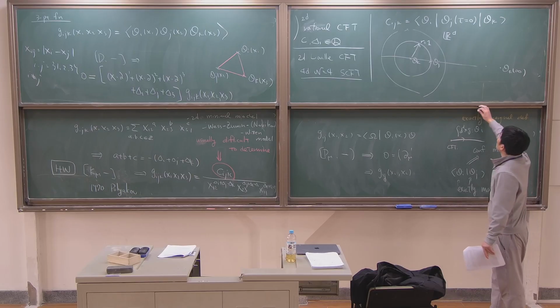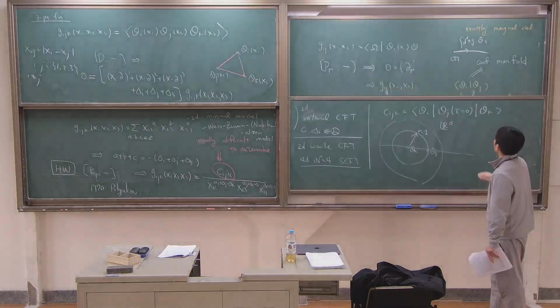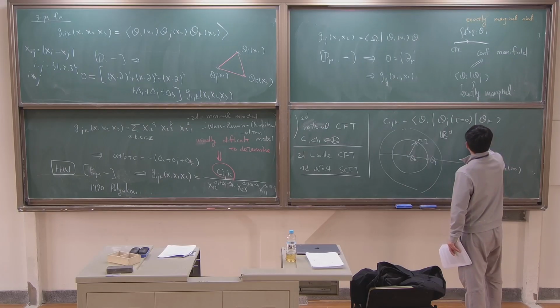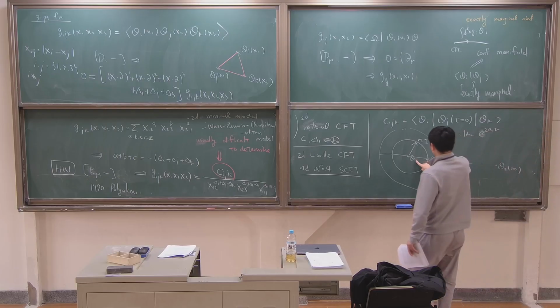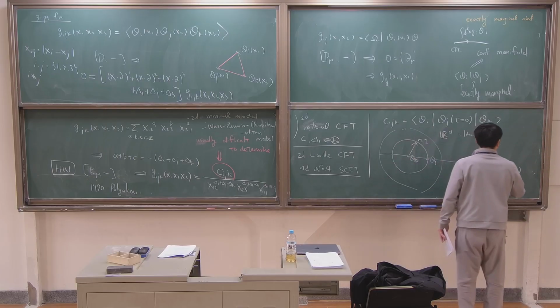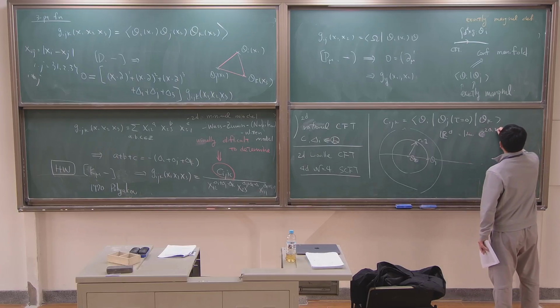This is essentially equal to the limit of e to the Delta_I tau_E, times O_I at tau_E, O_J at 0, and O_K at minus tau_E.